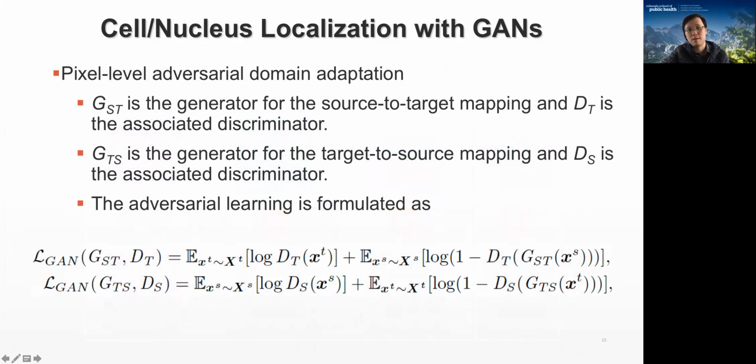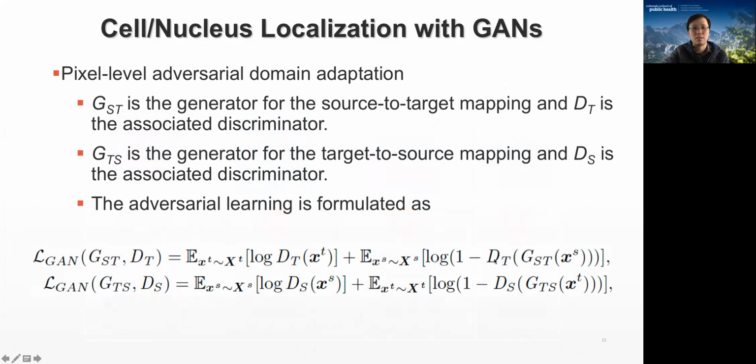And these are some mathematical details. Suppose that we use G_ST to represent the generator for the source to target domain mapping, and D is the discriminator. Here we would like to use this G, the generator, to transfer the source images to the target style image data.